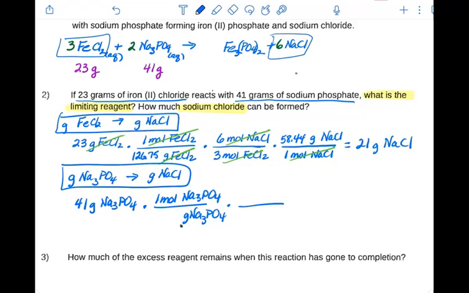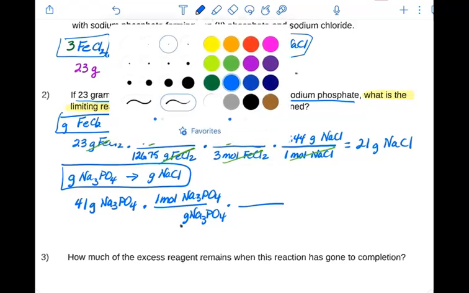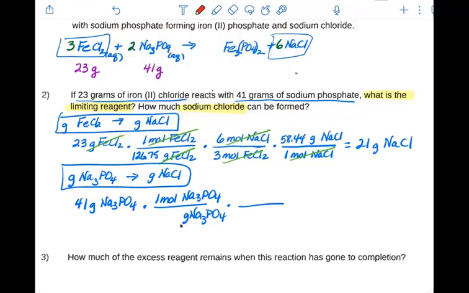Now this time when I go to do my mole ratio, I am going to be using my sodium phosphate and my NaCl. So I again have 6 moles of NaCl for every 2 moles, in this case, of sodium phosphate.